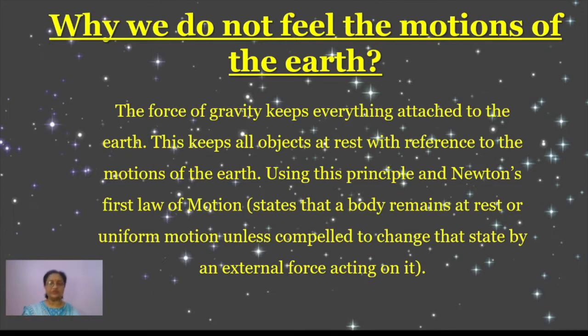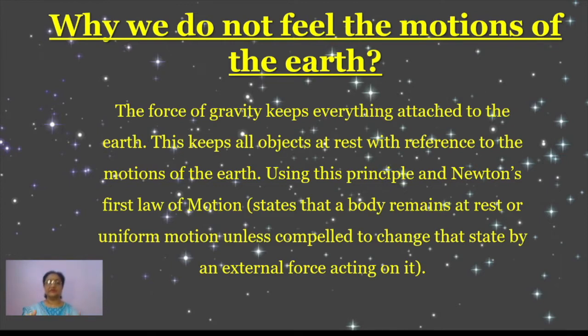So you know, using this principle only, Newton's first law of motion, which states that a body remains at rest or uniform motion unless compelled to change that state by an external force acting on it. So the reason behind it is that the force of gravity of earth is such a strong force which keeps everything which is there on earth attached to the surface, right?